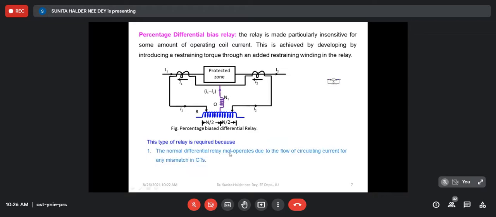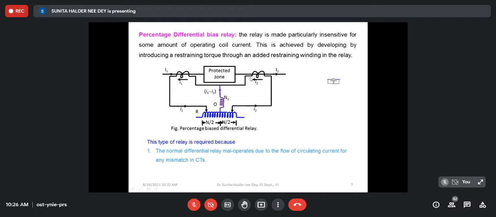This type of relay is required. Why is it required? Because there may be CT difference, the CTs not matching totally, and in that case it is useful. And secondly, in the case of a transformer, if we are providing protection to a transformer winding, then obviously the primary side and secondary side currents are totally different.